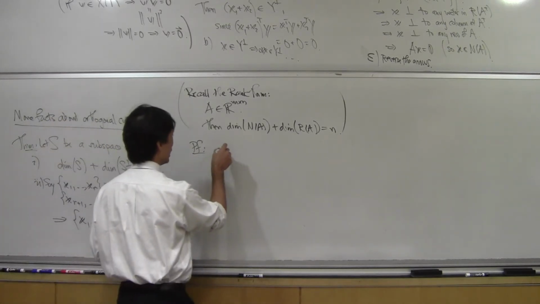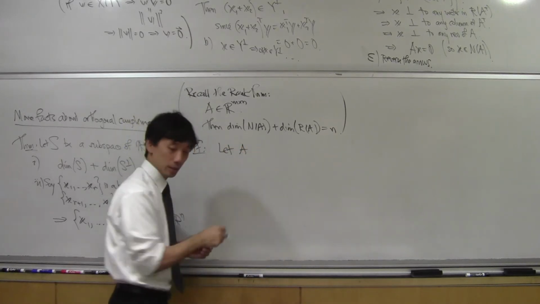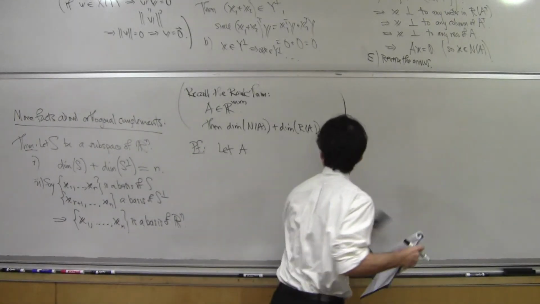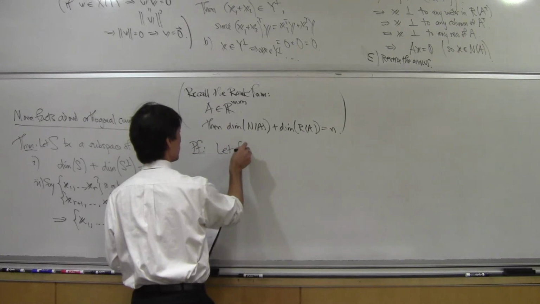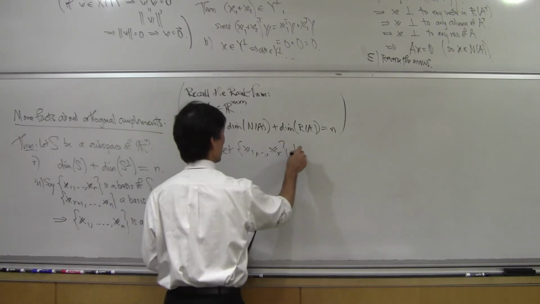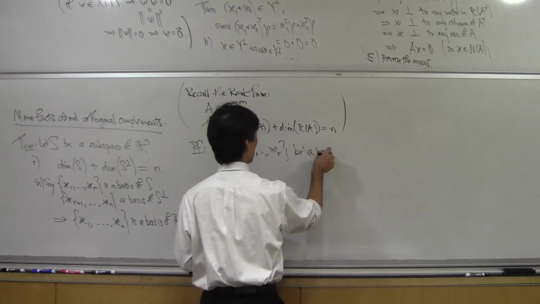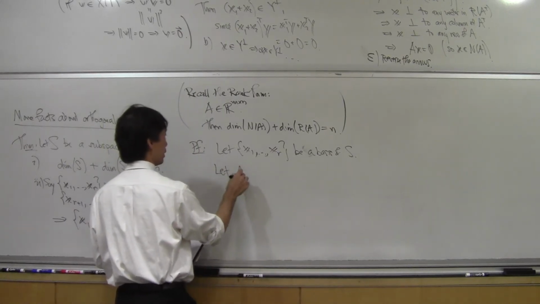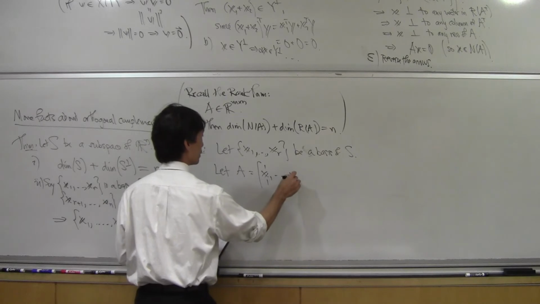So let x1 to xr be a basis of S, and let A be the matrix with those as its columns.